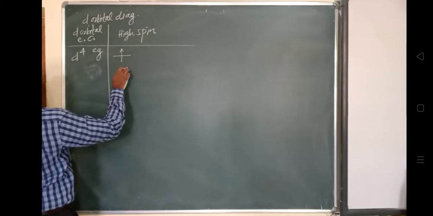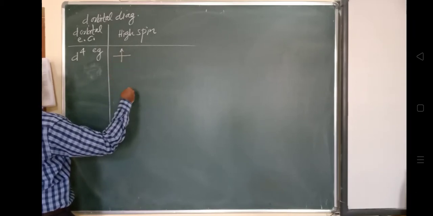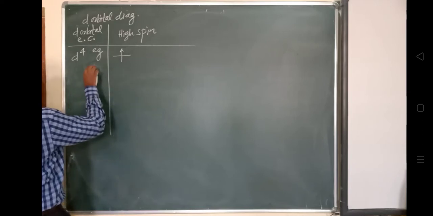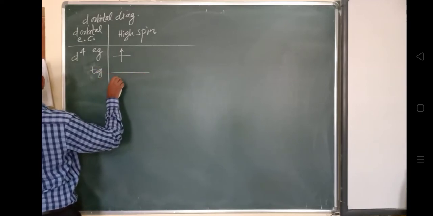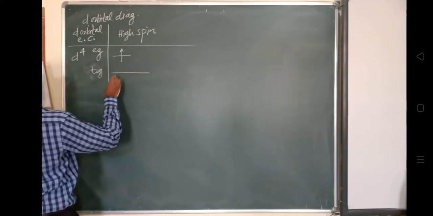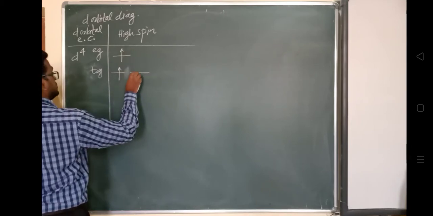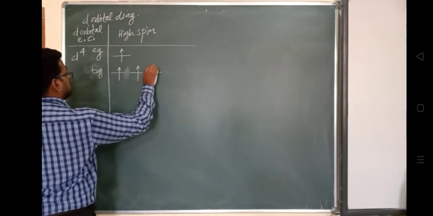One electron will be in high spin in Eg, and the rest in T2g. This is one, this is second, and this one is the third.